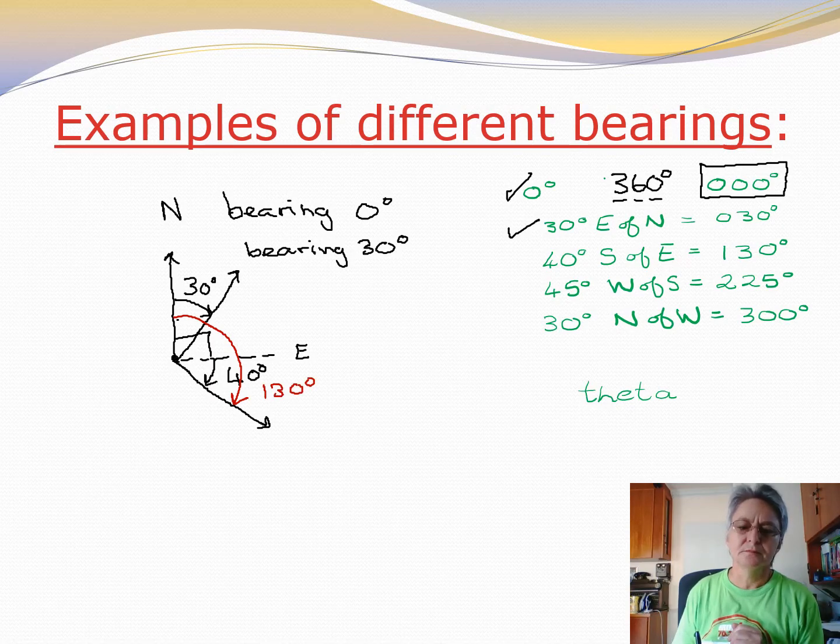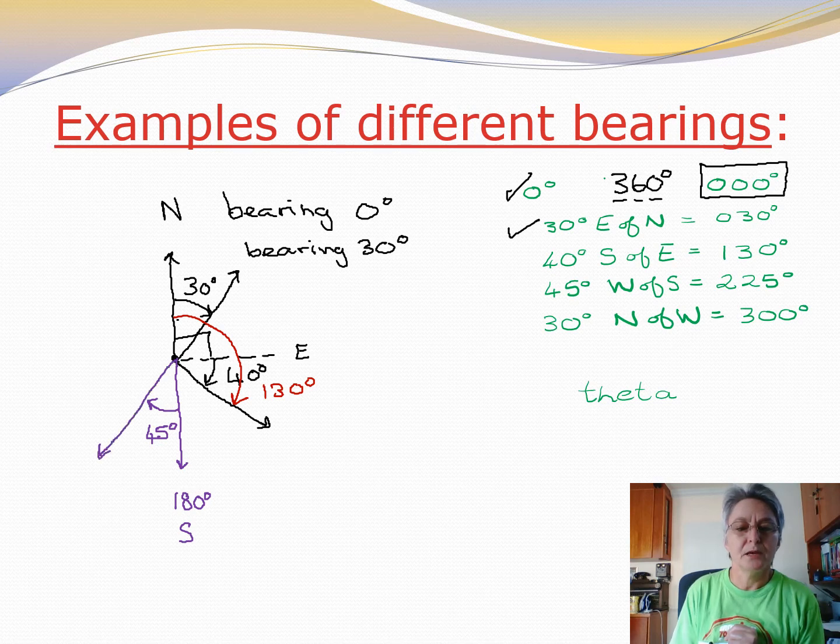Next vector, 45 degrees west of south, means that we're looking south, and south is opposite of north, so south is at a bearing of 180 degrees. That is south. Now, 45 degrees west of south means that you're going to turn your face 45 degrees towards the west of south.